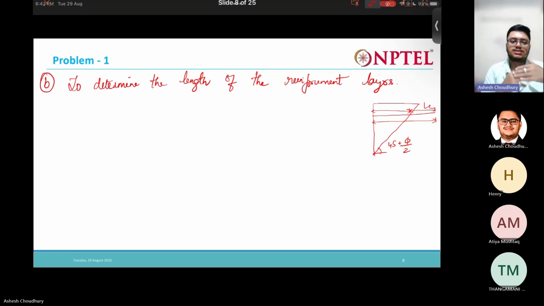The shear force that is mobilized should be enough to resist the pulling out of the reinforcement.